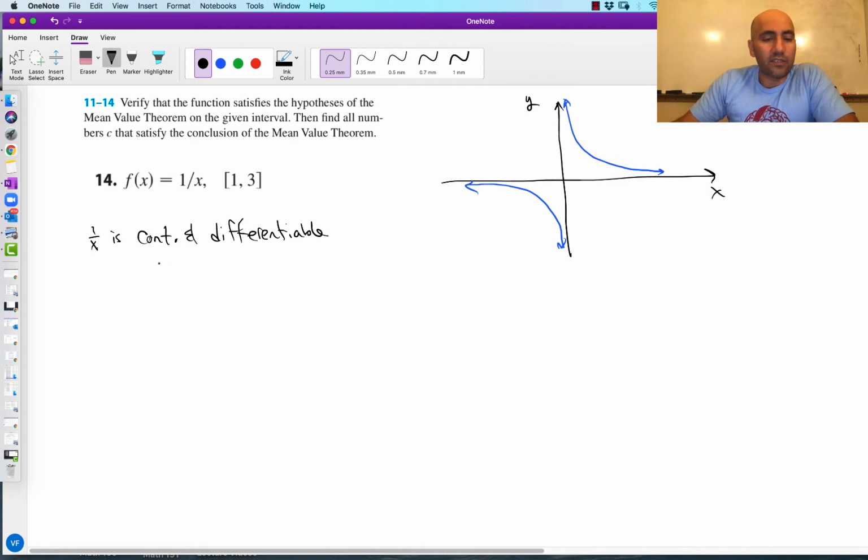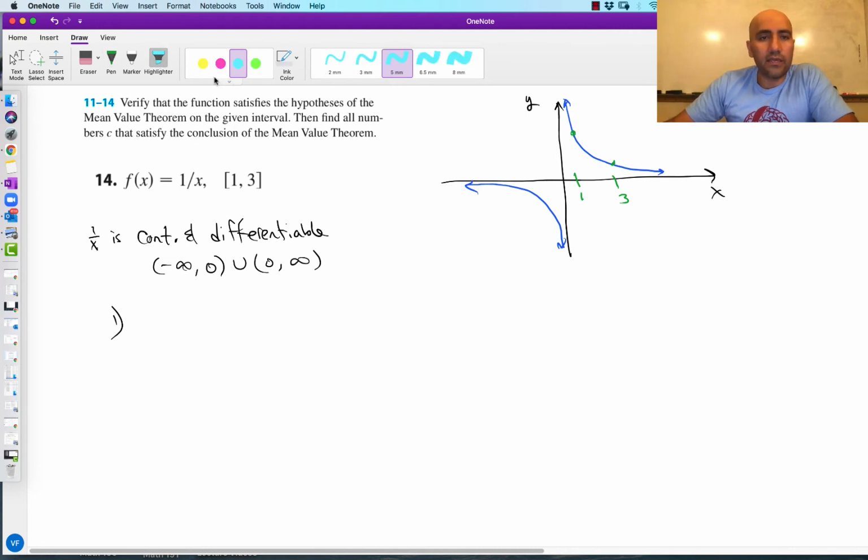So it's continuous and differentiable on the interval from negative infinity to 0, not including 0, unioned with 0 all the way out to positive infinity. So part 1 of our mean value theorem is easily satisfied. Well, really part 1 and part 2, because we're only interested in the segment between 1 and 3. So here's 1, here is 3, and we're only interested in this little segment from there to there. And in that little segment, the function is continuous and it's differentiable.